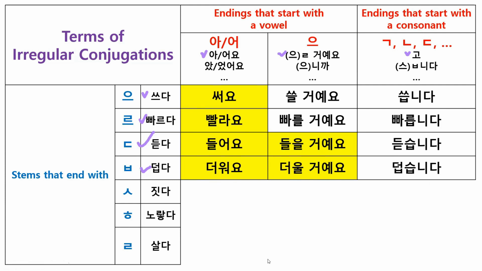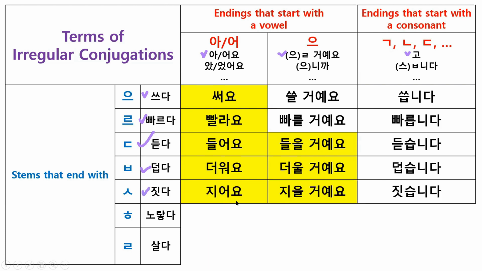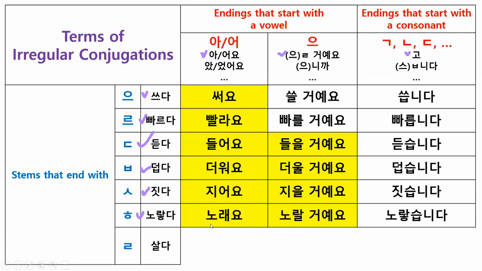And next one is 짓다. 짓다 becomes 지어요, 지을 거예요, 짓고. 짓다 with the endings that start with a vowel, they are all irregular conjugations. And next, 놀다. 놀다 becomes 놀아요, 놀 거예요, 놀고. 놀다 was conjugated regularly with endings that start with a vowel.